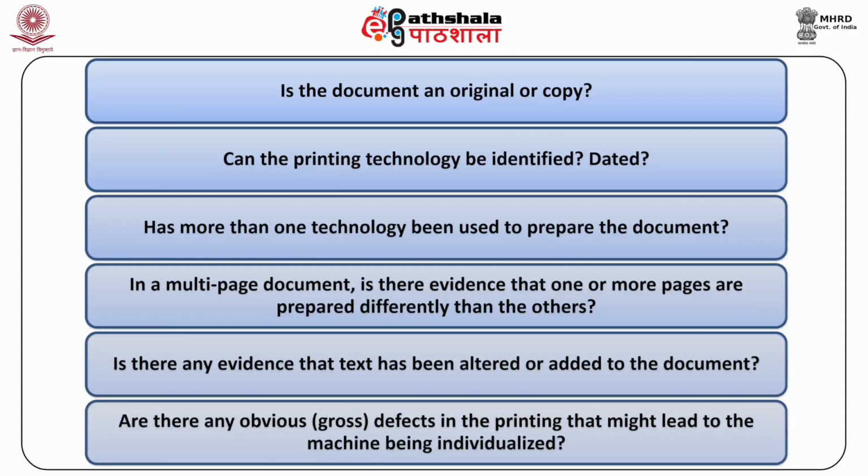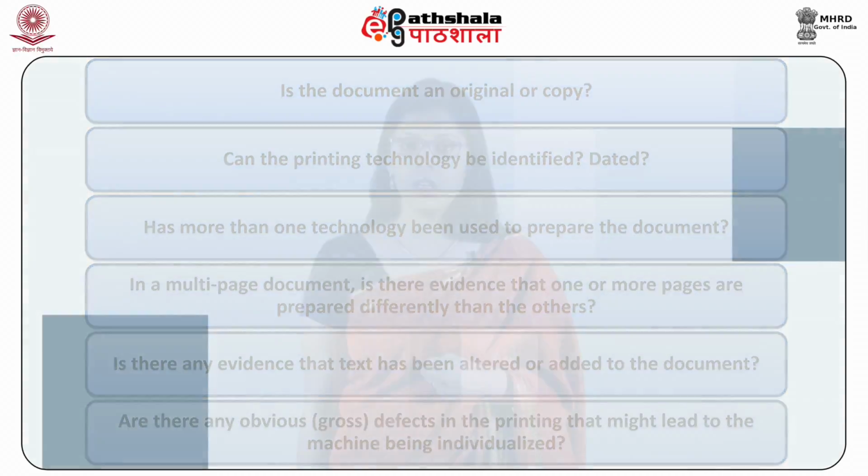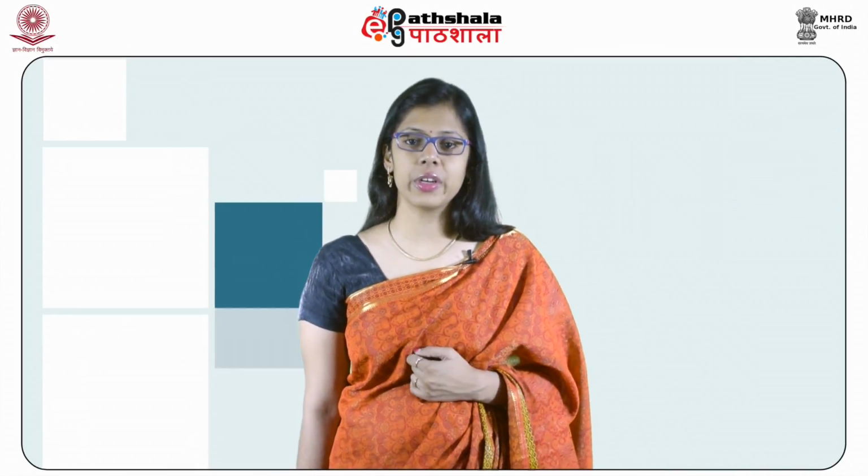Are there any obvious defects in the printing that might lead to the machine being individualized? In general, the well-established principle that documents should be thoroughly scrutinized on both sides, corner to corner, is just as valid for modern computer-generated documents as it has been since the dawn of forensic science examination.